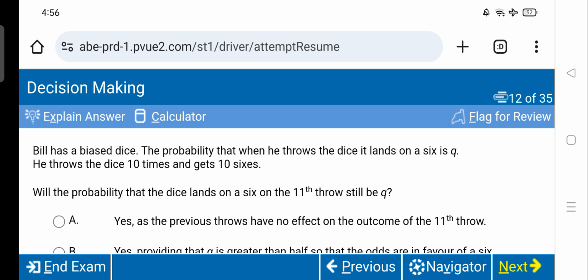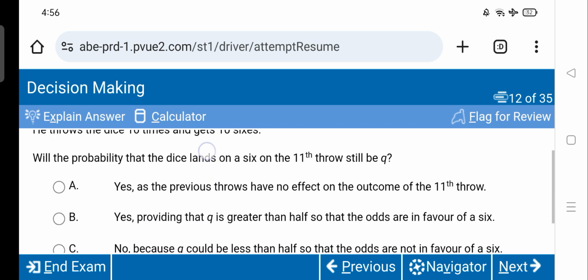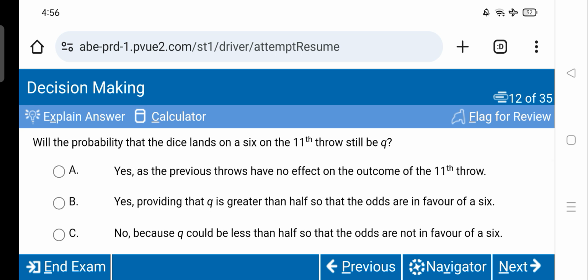Option A, yes, as the previous throws have no effect on the outcome of the 11th throw. Option B, yes, providing that Q is greater than half so that the odds are in favor of a 6.